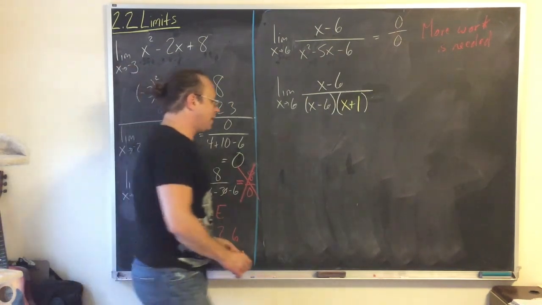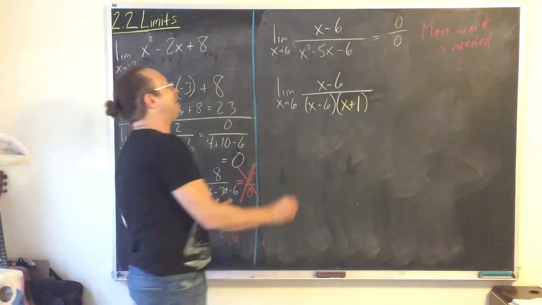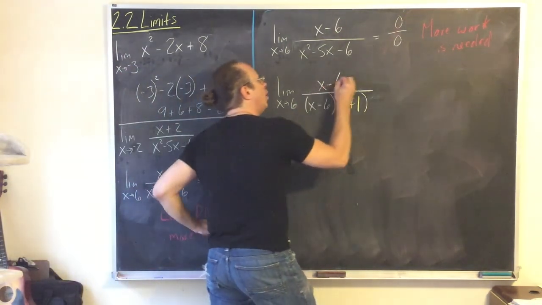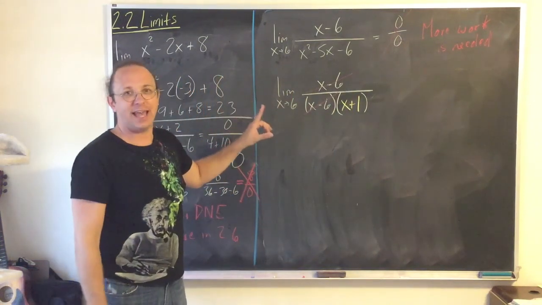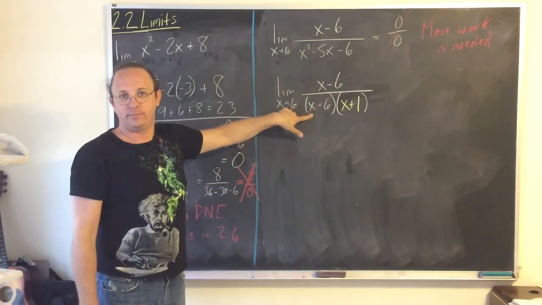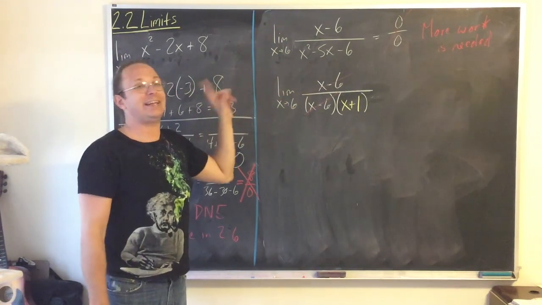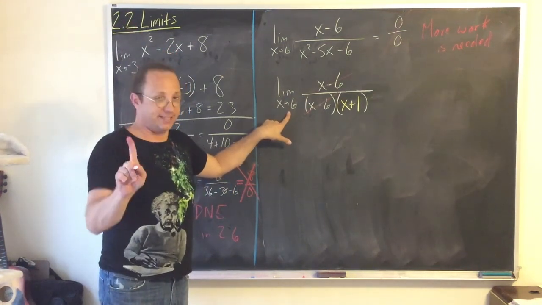And now, because we are working with limits, I can cancel this term with this term. Now, if x equaled 6, I would be dividing the top by 0 and the bottom by 0. But x does not equal 6. X is just close to 6.